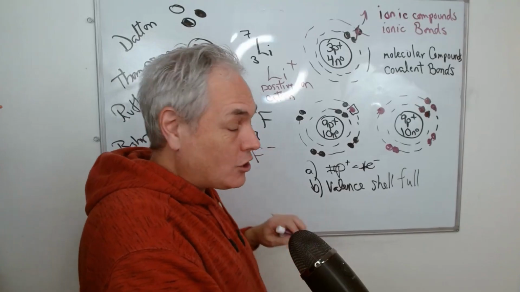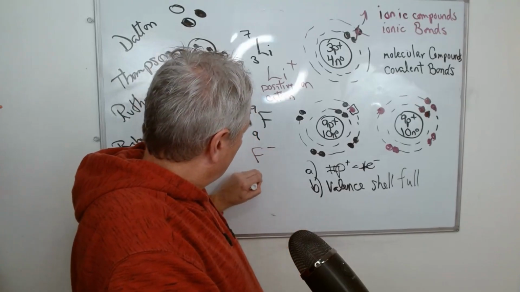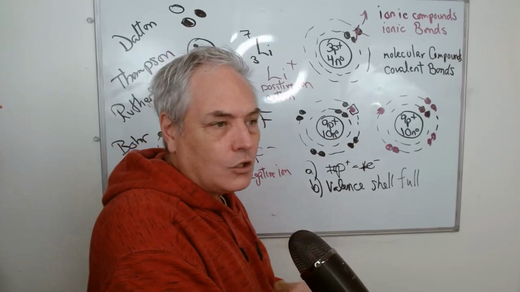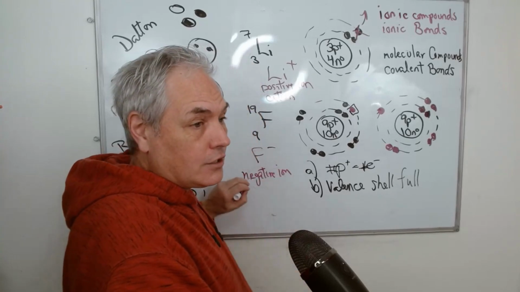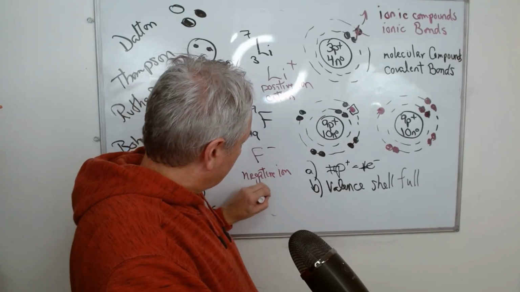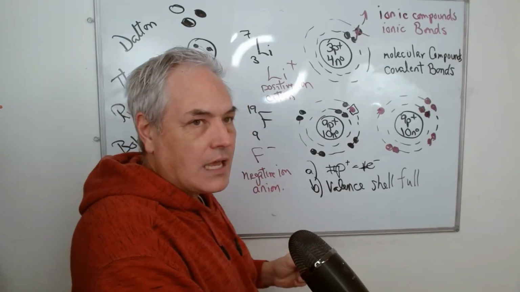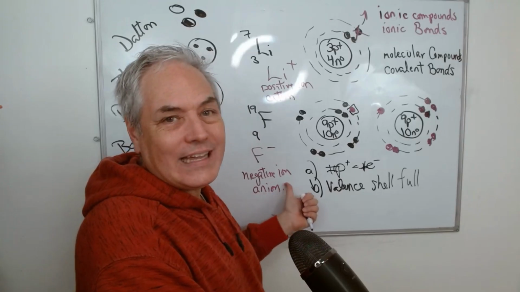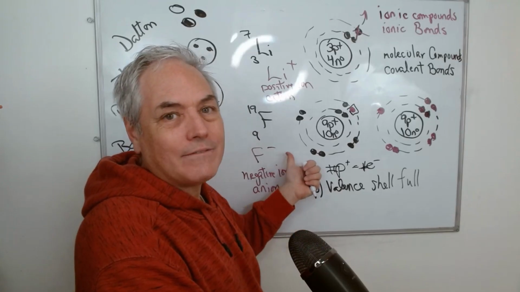How do we call the negative charge? It is called a negative ion, and the other word that we can say is an anion. An example is F minus.